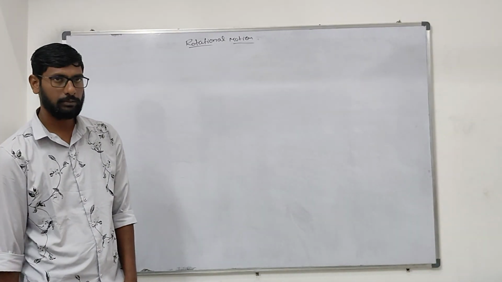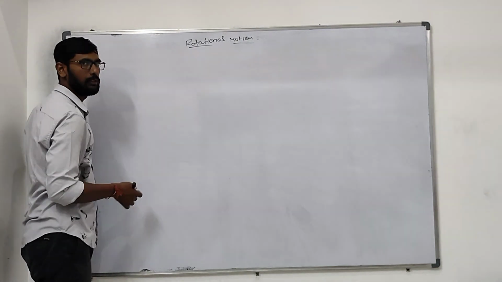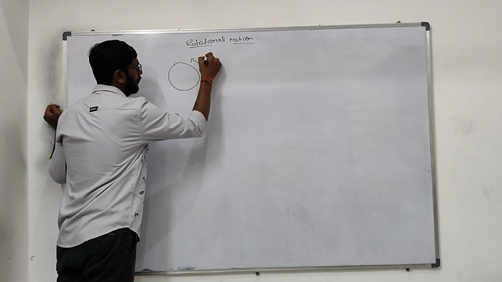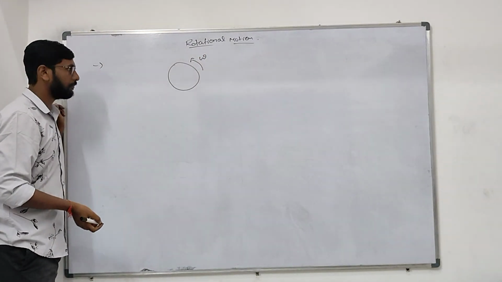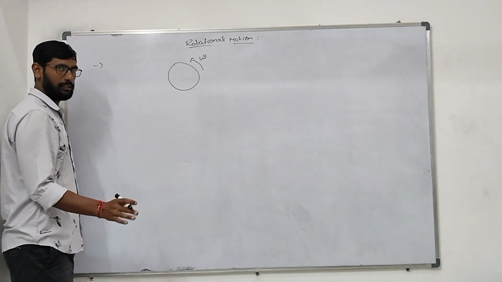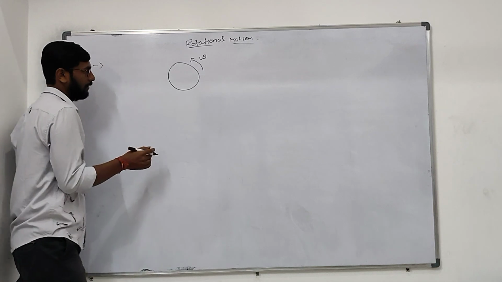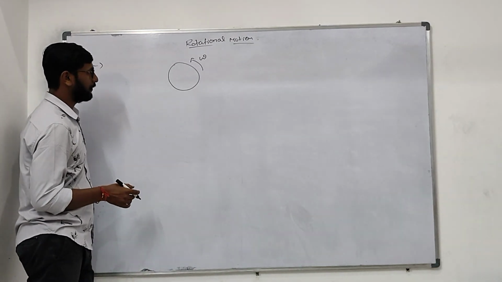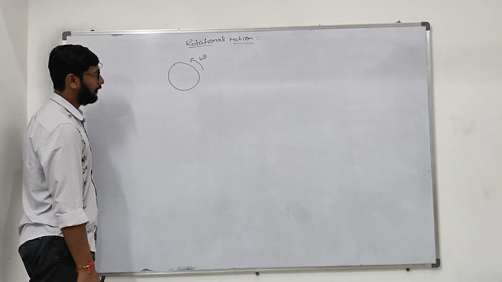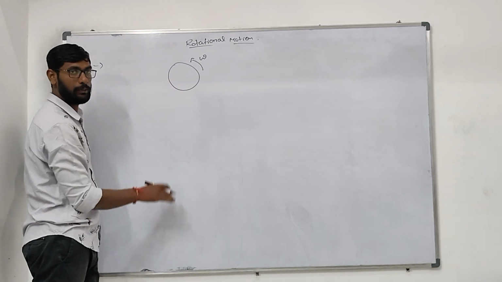Do you understand the question? First you need to understand. The question is like this. There is a disc, it is rotating with omega. Now you apply some external torque, and it is subjected to constant angular retardation, so that in 120 rotations the angular velocity becomes omega by 2.